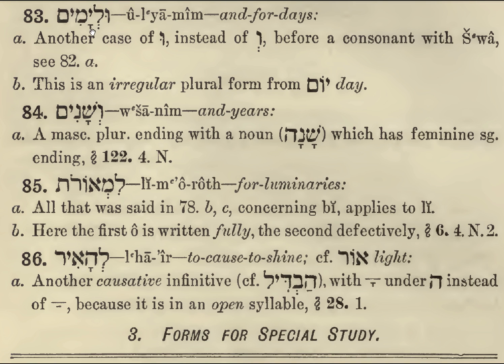Another case of u, because the lamed here has got the shva. So it's u instead of v before a consonant with the shva, as we see here. U leyamim. And this is an irregular plural from the word yom, meaning day.